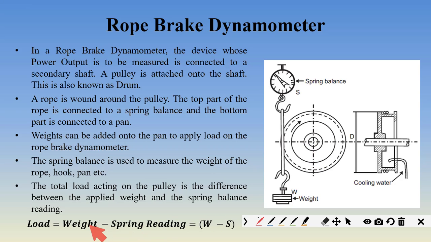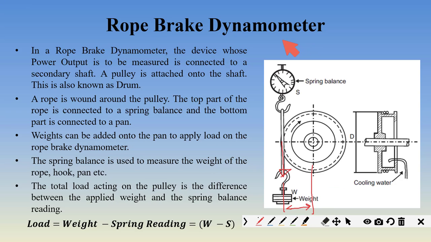The actual load that is acting on this pulley is weight minus spring reading, so W minus S. This is the actual load which is being applied onto the pulley, and it is being applied at a certain distance.